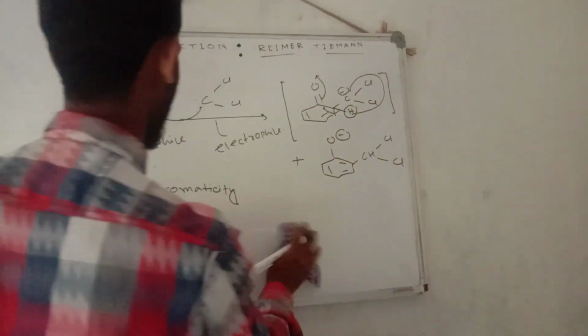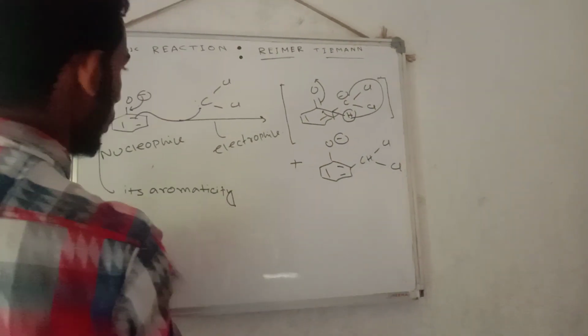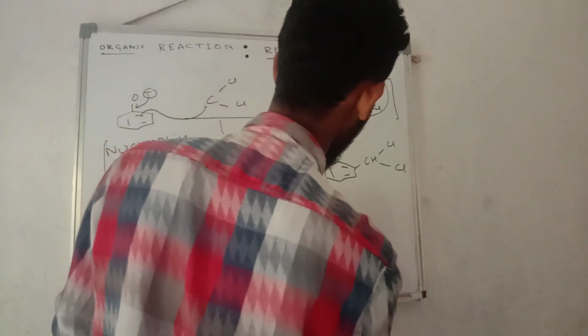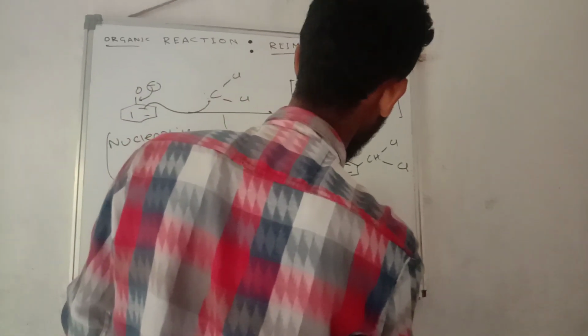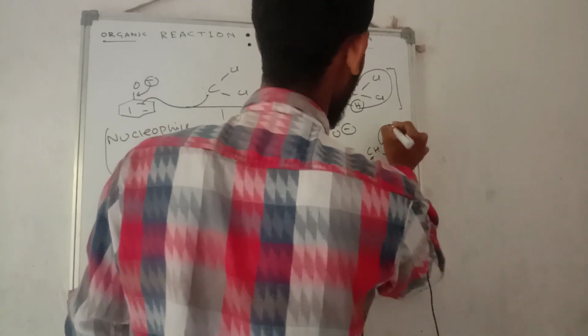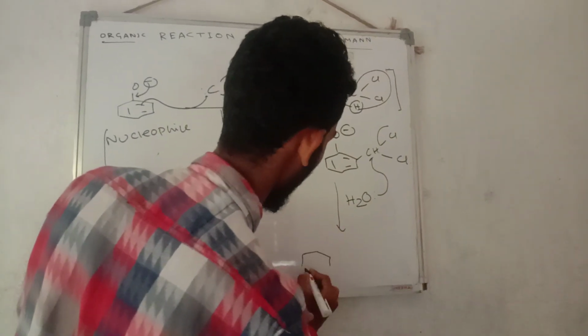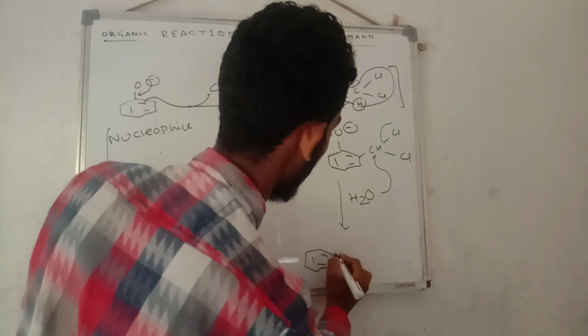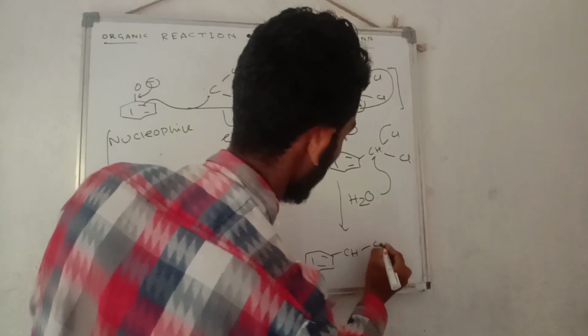Since any base is soluble in water, and hence in the medium some water is present, this water will attack here and this chlorine will leave. What we will get? We get this type of product.